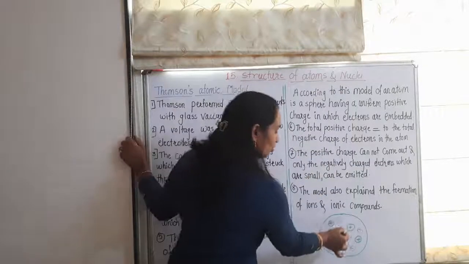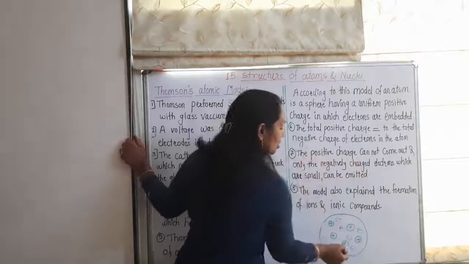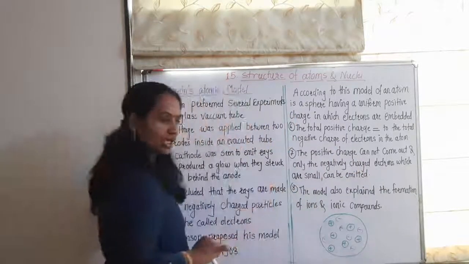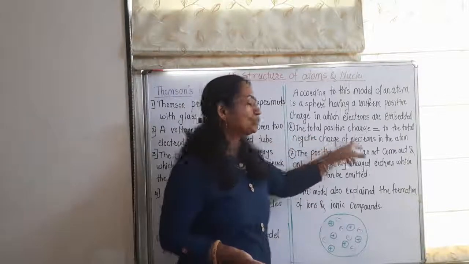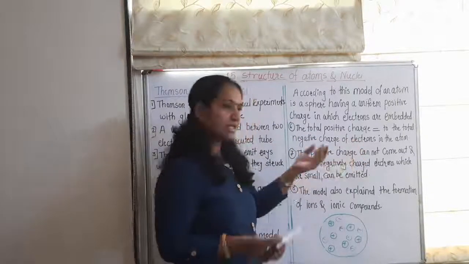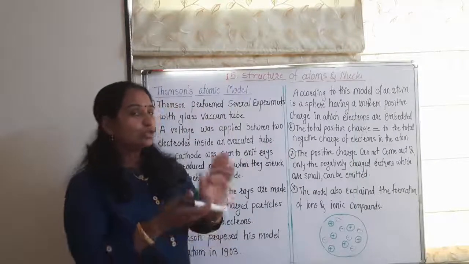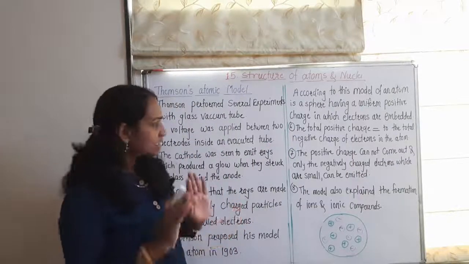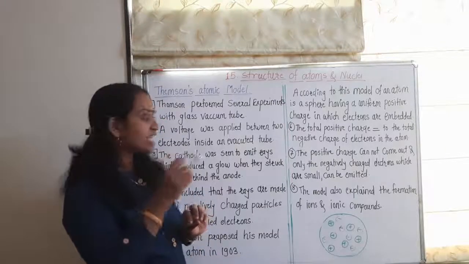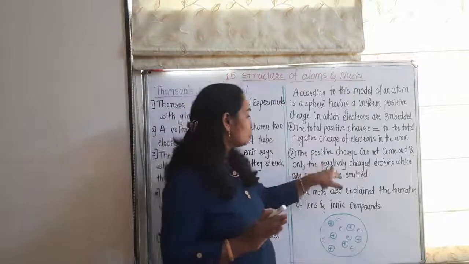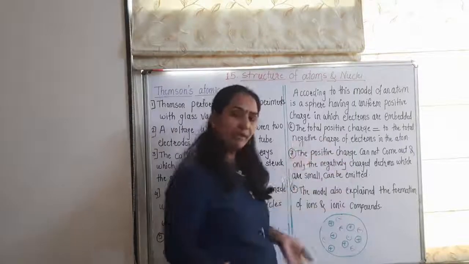The total positive charge is equal to the total negative charge of the electrons. The positive charge cannot come out, but the negative charge, which is very small, can be emitted.